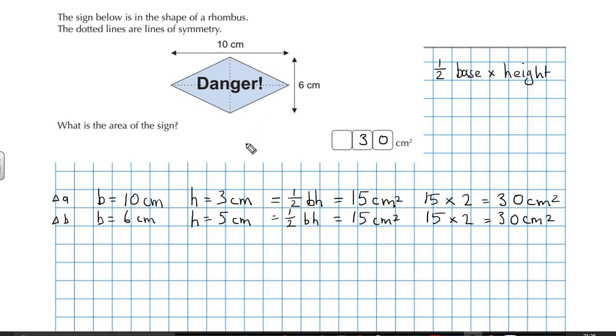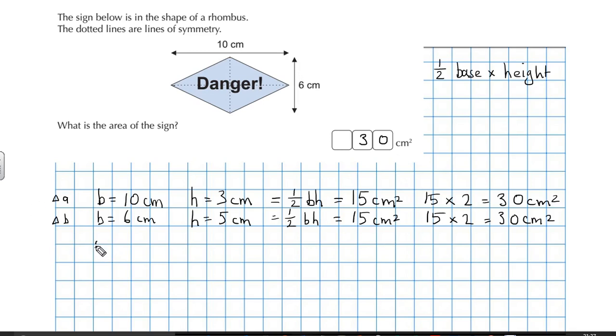Okay, there is another way. If you look this up, you might see that if you want to calculate the area of a rhombus, it is half of diagonal 1 times diagonal 2. These are the diagonals. Okay, so we have one diagonal and the second diagonal. One of them is 10 and one of them is 6.